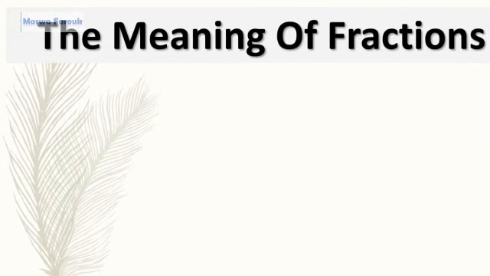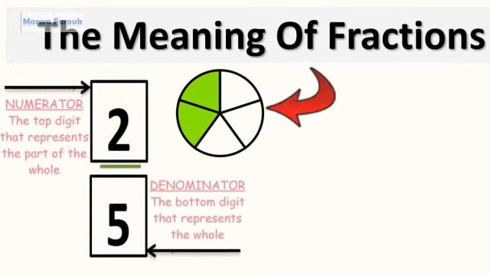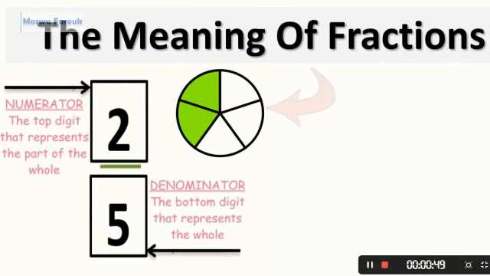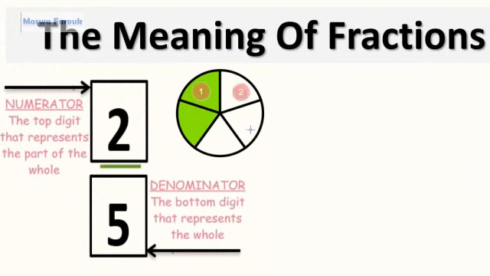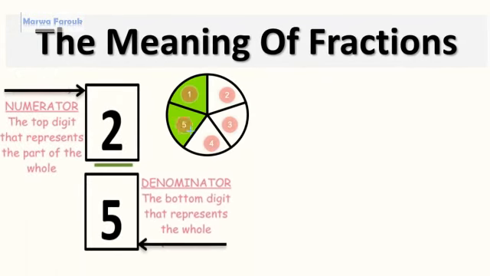Okay, if I have a shape like this, as you see, this shape is divided into 5 equal parts. Let's count them together. 1, 2, 3, 4, 5. If I want to represent these two colored parts according to the whole parts I have, what will I say?